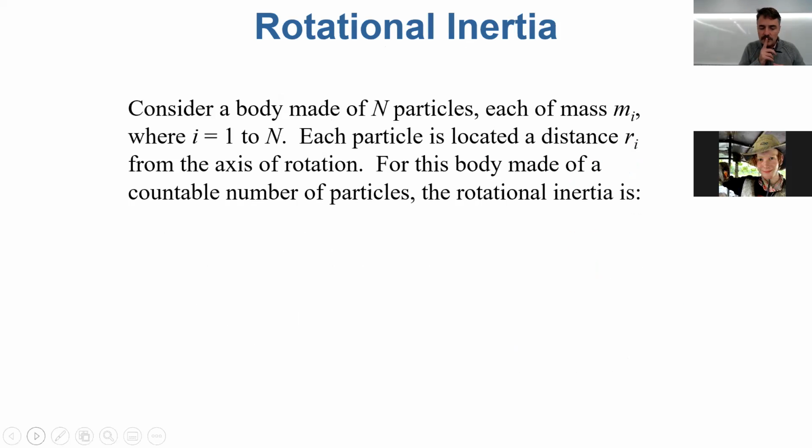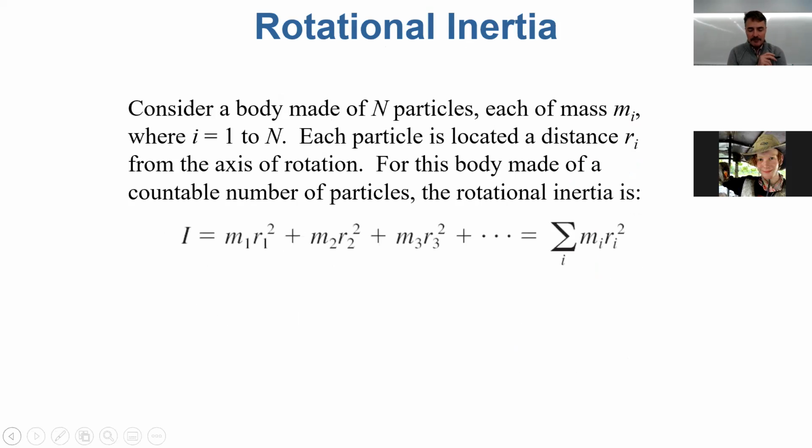But so, there's an equation for it. If you have a body made of N particles, each of mass m sub i, where i goes from 1 to capital N, and each particle is located at a distance r sub i from the axis of rotation, then for this body, we have rotational inertia, I, which is equal to m1 times r1 squared plus m2 times r2 squared plus m3.